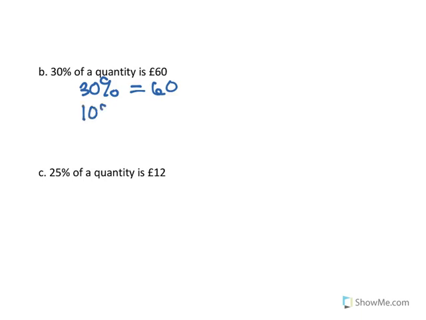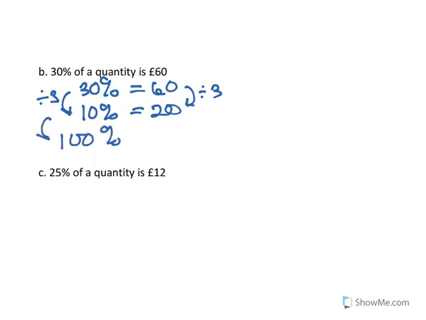I can find 10% simply by dividing by 3, so 60 divided by 3 gives me 20. If 10% is 20, then 100%, if I multiply by 10, will give me 200. That's one way to do it.